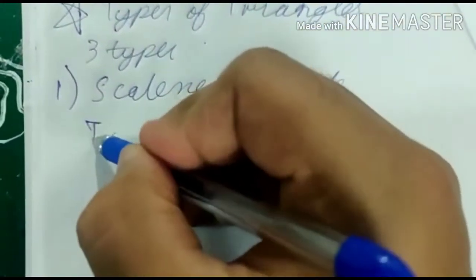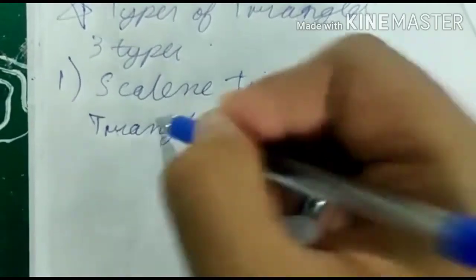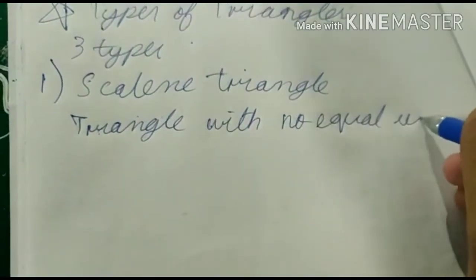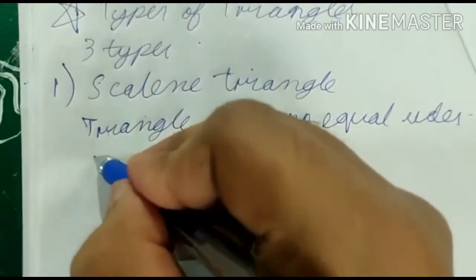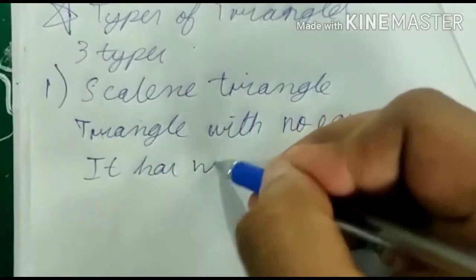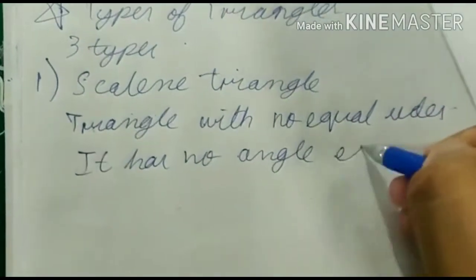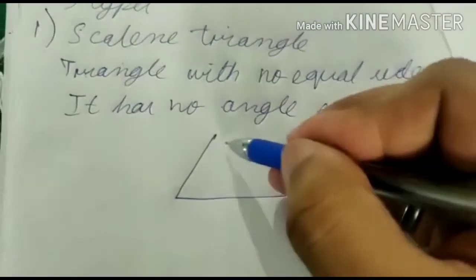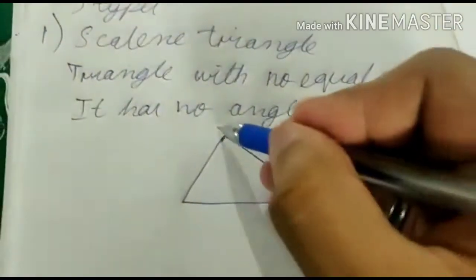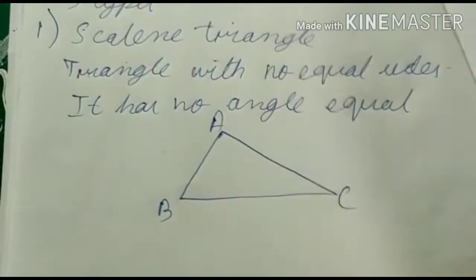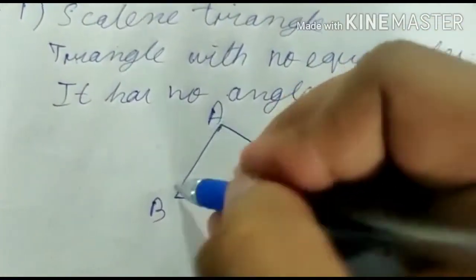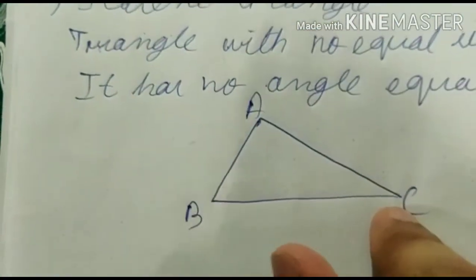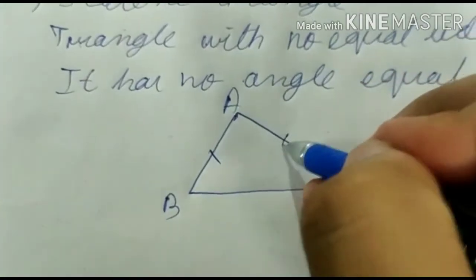This is a triangle ABC. If we see here, the length of AB is not equal to the length of AC, and AC is not equal to BC.